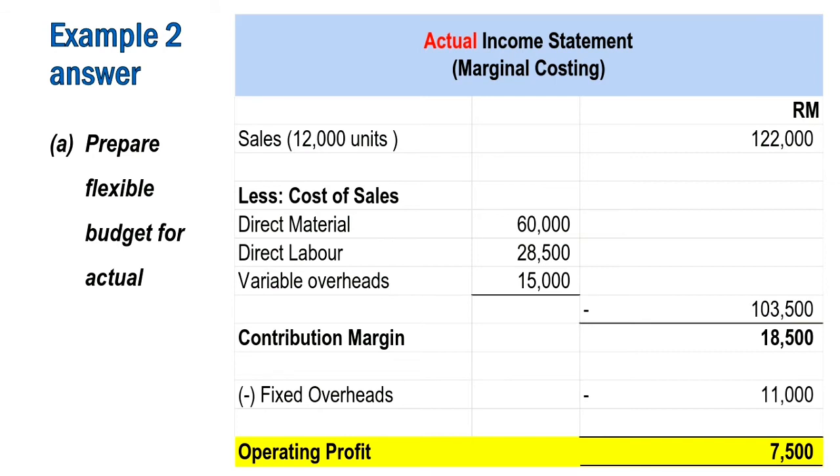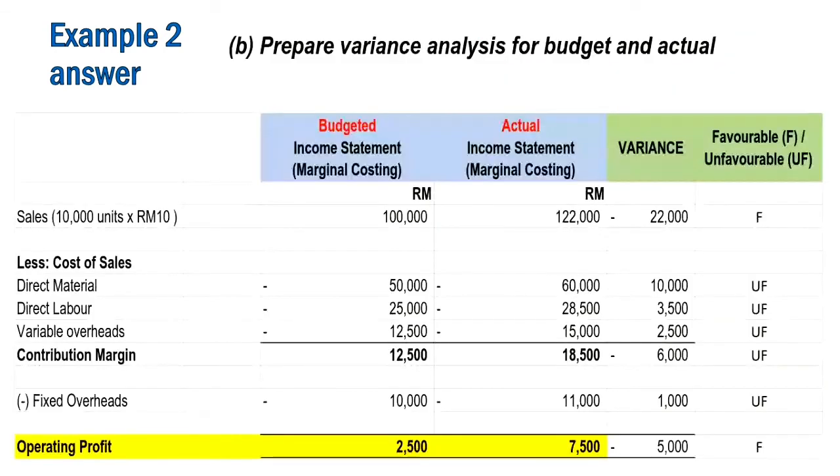For budgeted also, we take 10,000 units times 10 ringgit selling price, budget 100,000. Direct material, labor, variable overhead, we just plug the numbers from the question and put them inside here. Arrive at contribution margin 12,500 minus fixed overhead 10,000. All of this information is from the question. Then you arrive at operating profit 2,500.